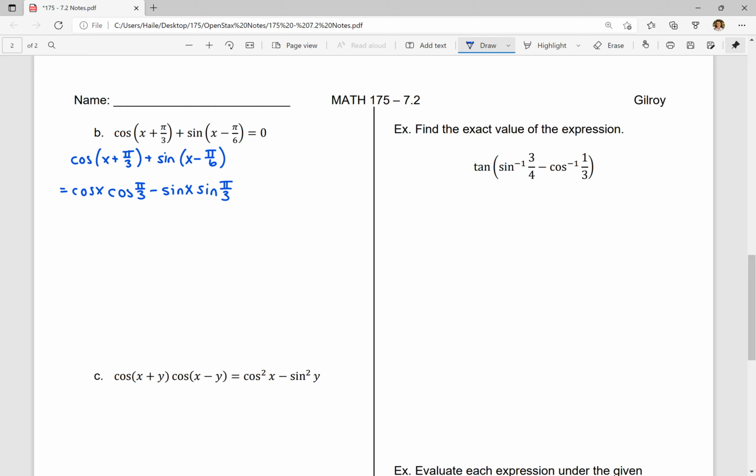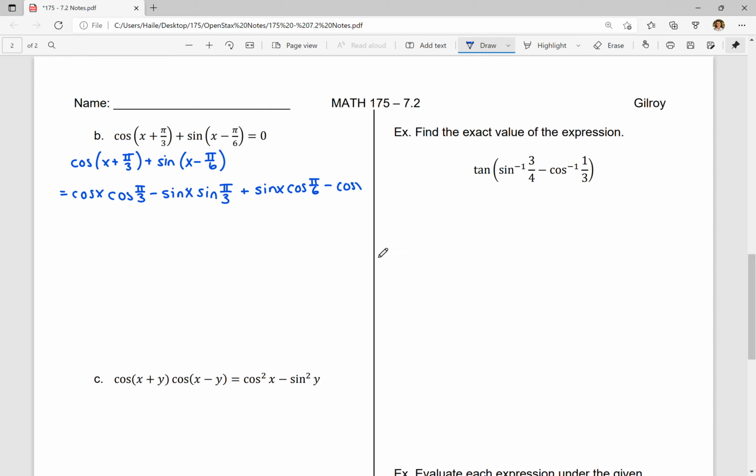So these two terms come from the cosine, and then we're going to have two more terms for sine. So we have sine x times cosine of pi over 6 minus cosine x times sine of pi over 6. Okay, so just to reiterate, let me see if the highlighter will work this time.